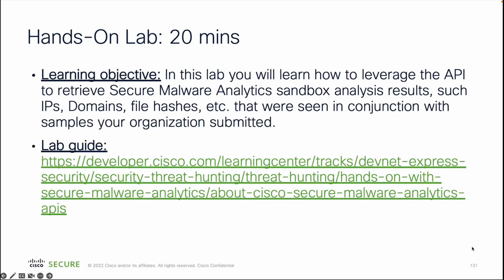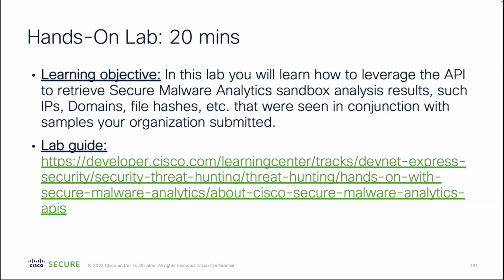And in the lab, we are going to take the malicious file hash that we have seen on our endpoint in the first lab. We are going to search the malware analytics threat intelligence database to find if this file hash has already been analyzed somewhere, and we will fetch that analysis report and find information about the network activity for this file, such as IPs and domains that this file is reaching out to when it's executed.